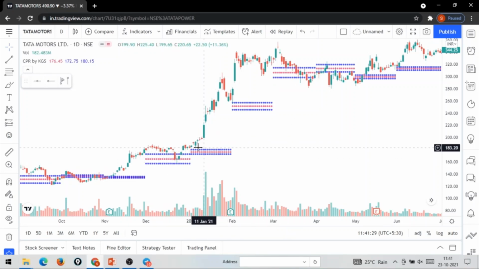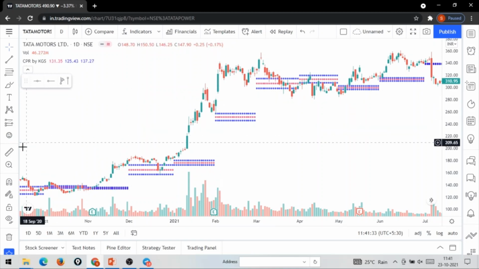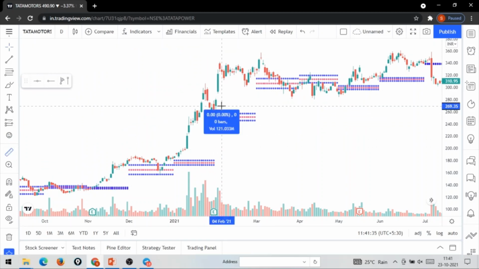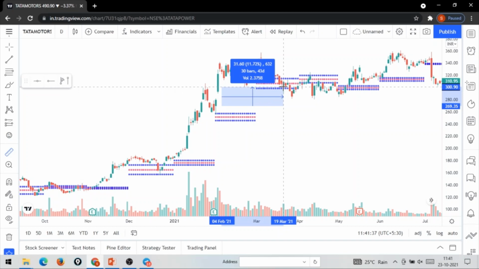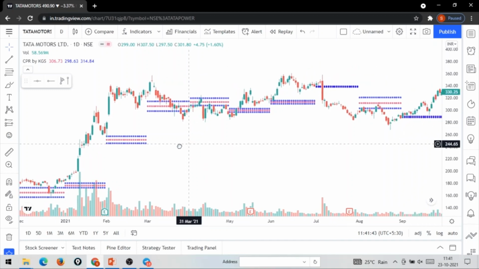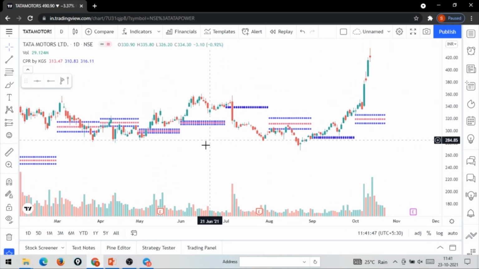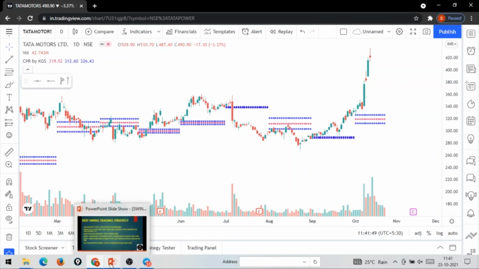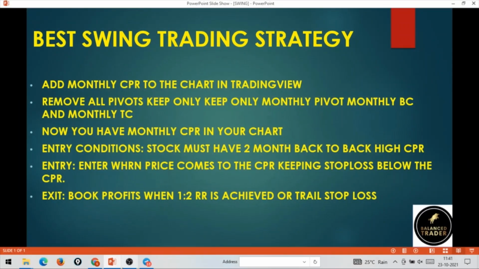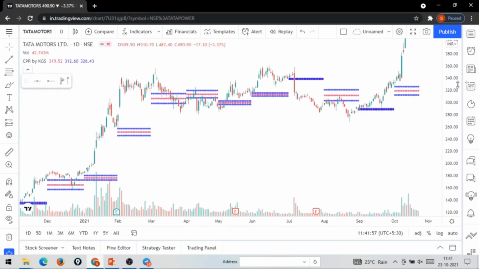Enter here and exit here only. You make around 10% of your capital. Another 1, 2, but it is not a good entry point. So you can make money using this strategy. It is very useful for working professionals.